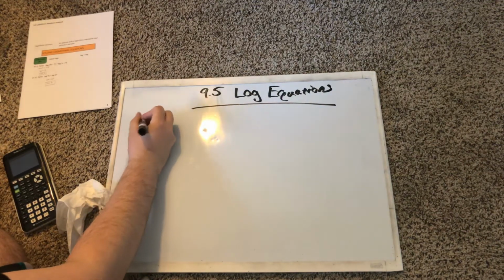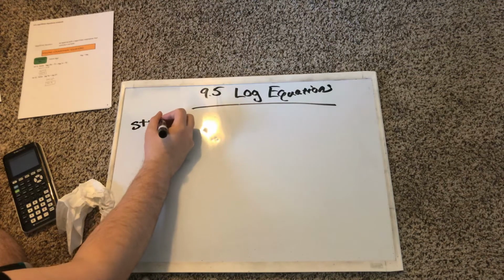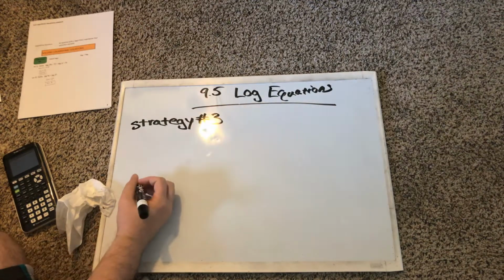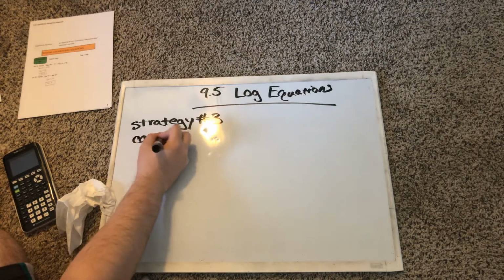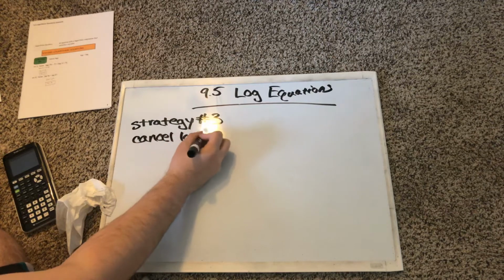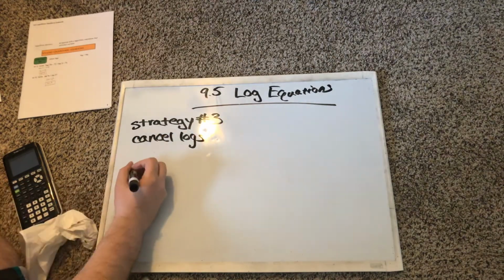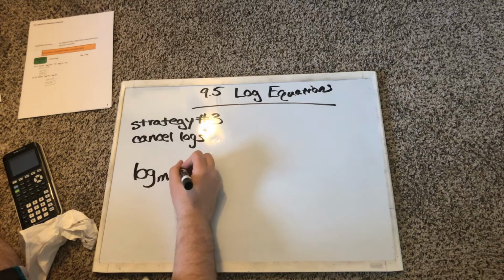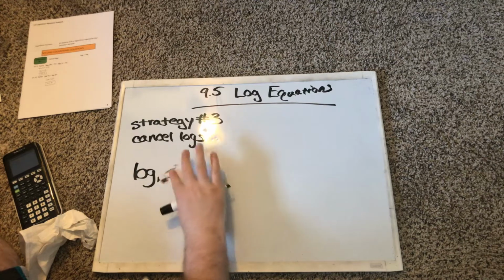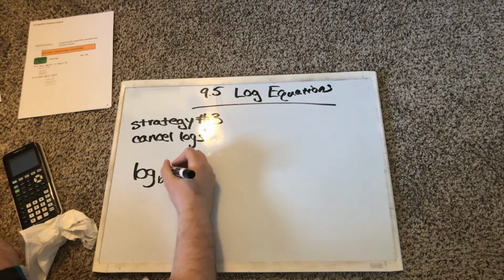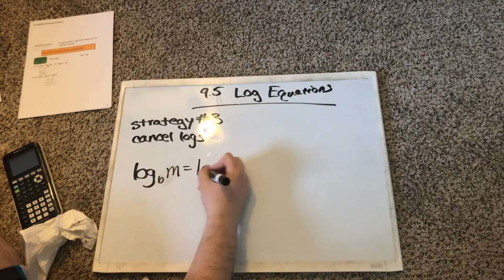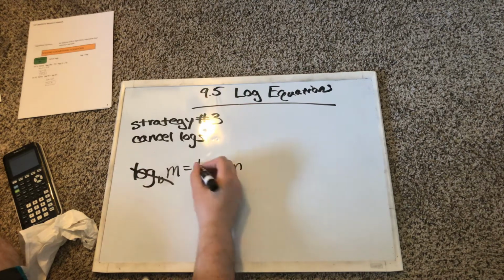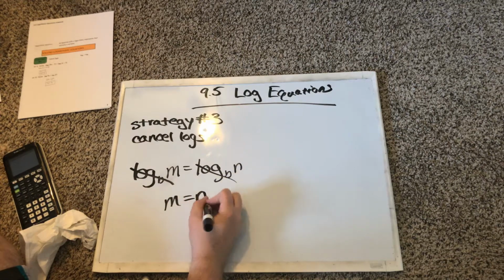And strategy number 3 is to cancel logs. And this has to do with our duh property. So if I have log base b of m equals log base b of n, the two logs can cancel out and we have m is equal to n.